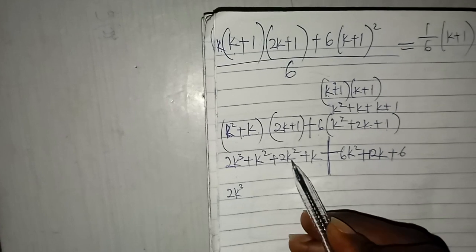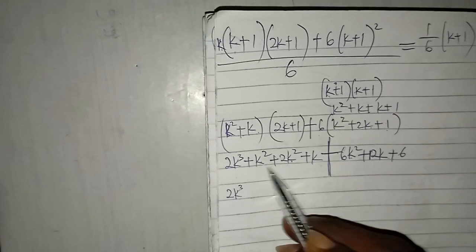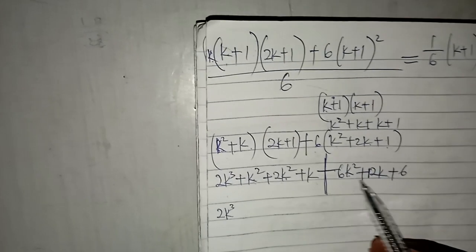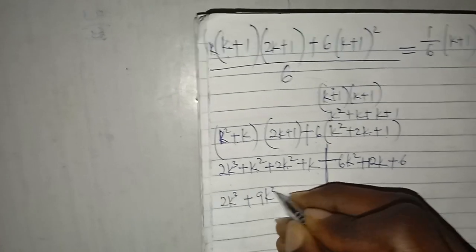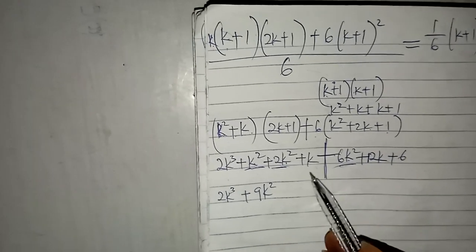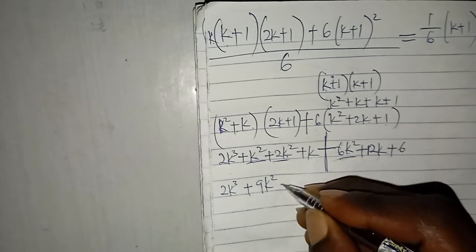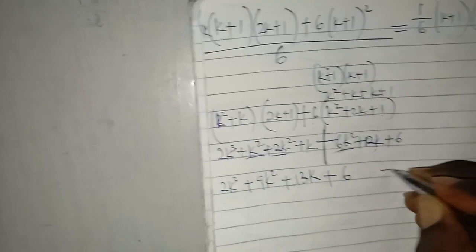Then k square: 2k square plus 1k square is 3k square. 3k square plus 6k square is 9k square. So we've collected the k squares. So it's remaining k and 12k, so k plus 12k is plus 13k. Now plus 6 is equal to, let's check the right hand side.